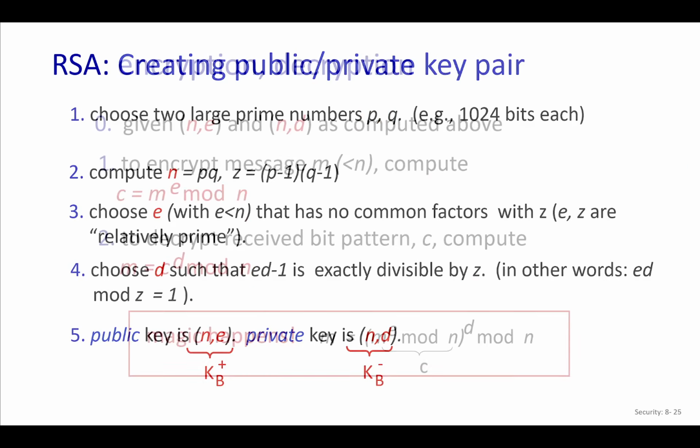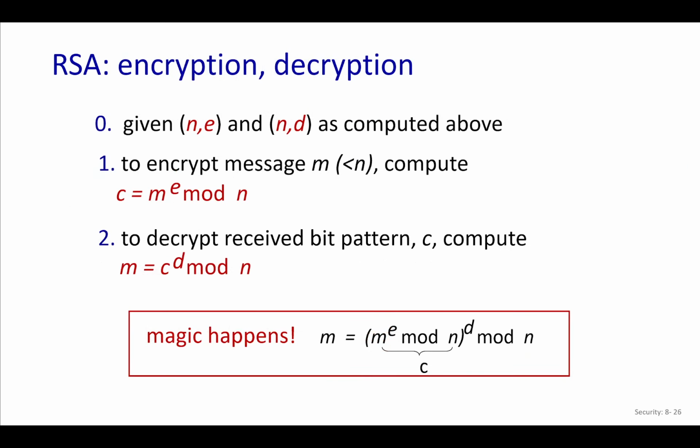Let's see where we will use this. This would be our public key: n, which is p times q, and the e that we selected, and this is the private key d that we have. In order to encrypt the message, we take the message to the power of e mod n, that's the cipher, and to decrypt it we use the cipher to the power of d.